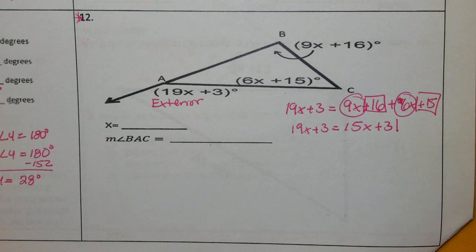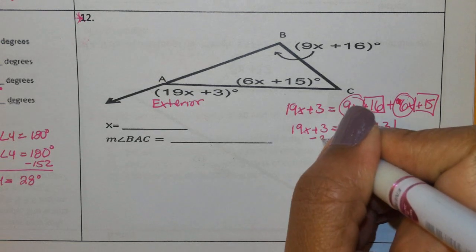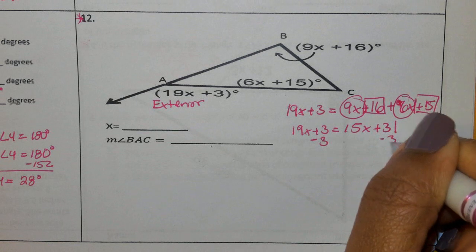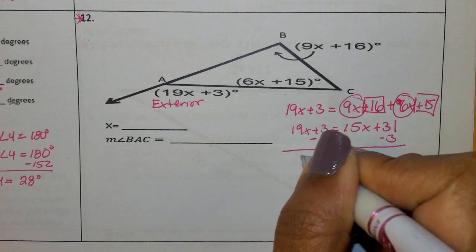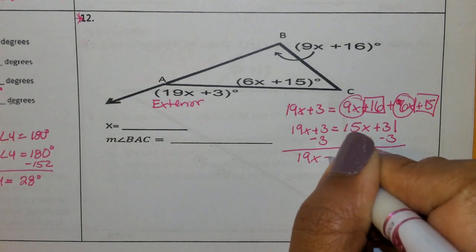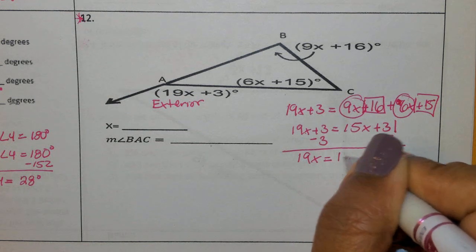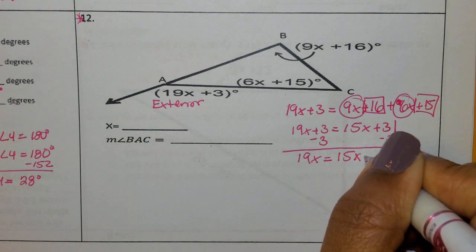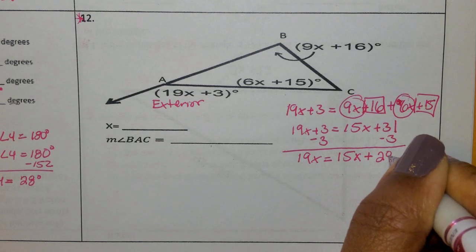At this point in our algebraic equation, it doesn't really matter what you move first. It's totally left up to you. I'll go ahead and move this 3. Inverse operation cancels out, bring down the 15, and then of course this is going to be plus 28.